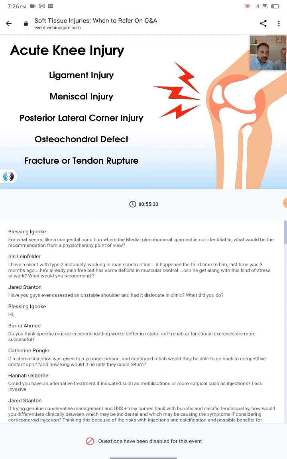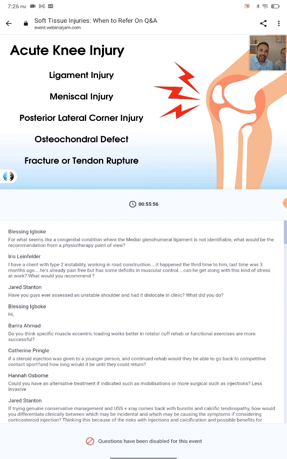Osteochondral defect, this is a little bit of a pothole-like situation I commonly describe it as, where sometimes, particularly with the patella, for example, you can have a trauma where someone falls directly on their patella and a little bit of a chunk of cartilage of the retropatella breaks off and it creates a little pothole that means that when they're moving their patella up and down, it gets affected.